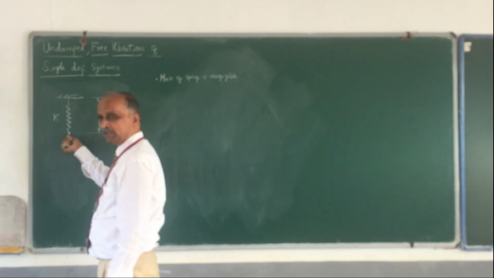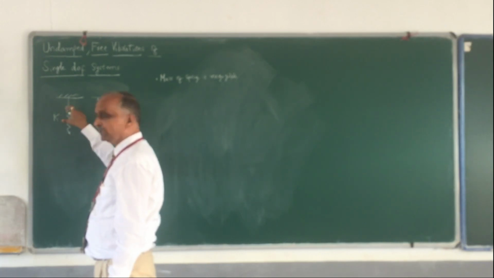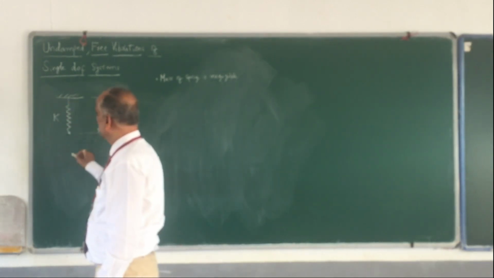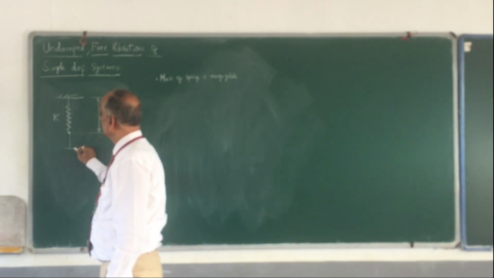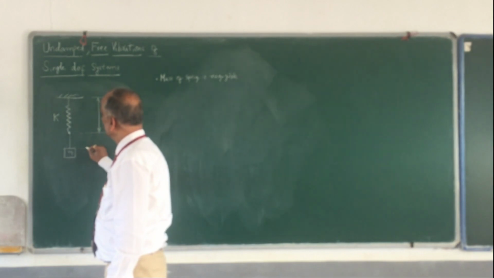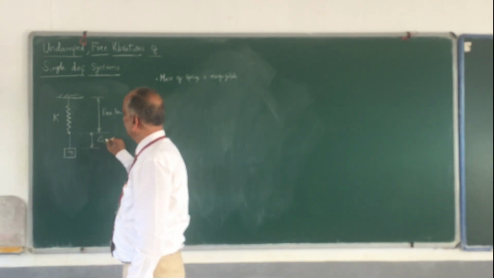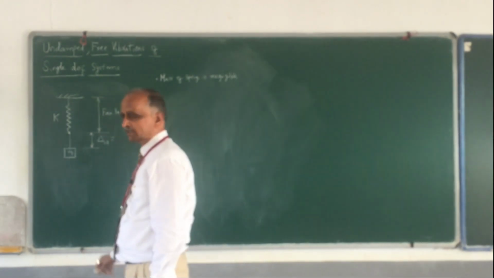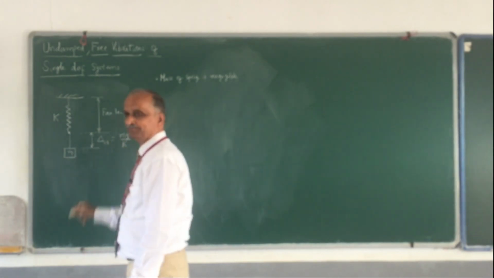Because when I apply a certain force m into g, the spring undergoes extension, and therefore the spring will come down. Let me assume that this is the new position of the mass I attach. And this distance is what I call the static deflection of the spring, delta st, and this is equal to mg divided by k.